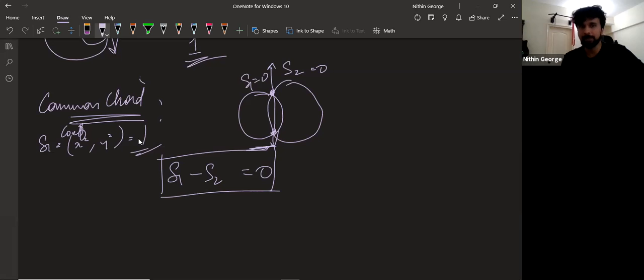But S1 will have an x square plus y square part, S2 will have an x square plus y square part. These are the only second degree parts. They will cancel out. And I'm left with a linear in x and y. And that turns out to be the common chord here. Okay. This is very useful. Please use this.